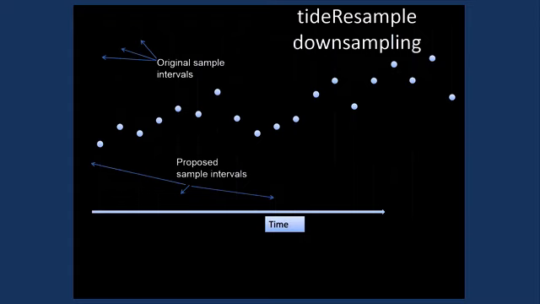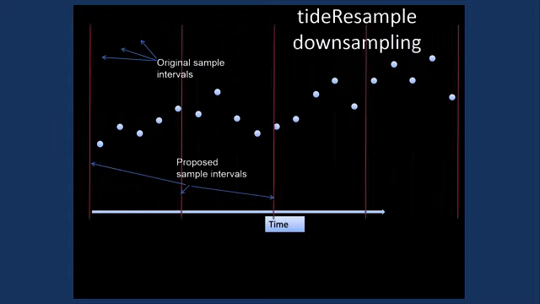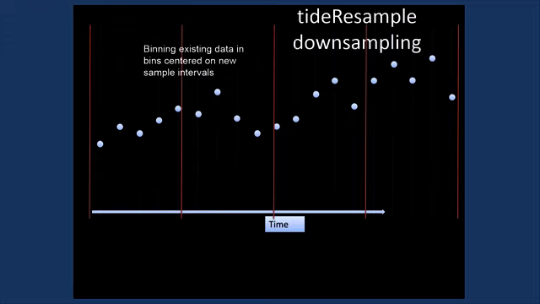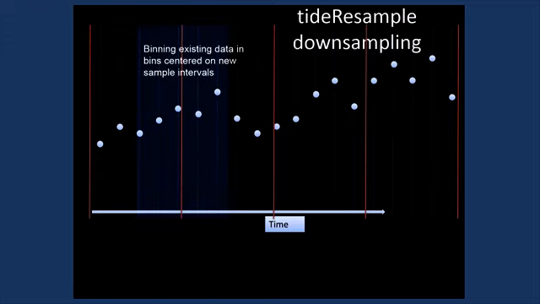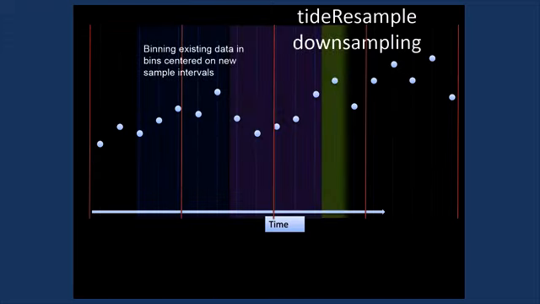The question is, how do we determine where that data point is going to be on the red line? So we begin by binning. I think that's the right term for this. We look at an evenly spaced time interval before and after each of the intervals we want to go to. And then we look at the data that's within that bin.